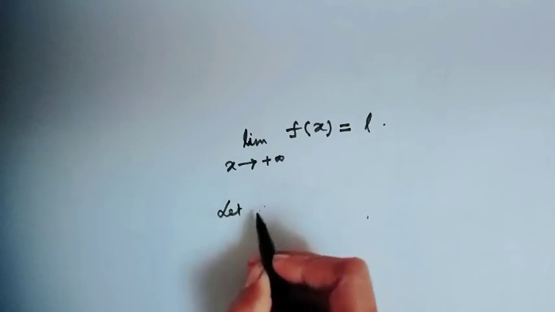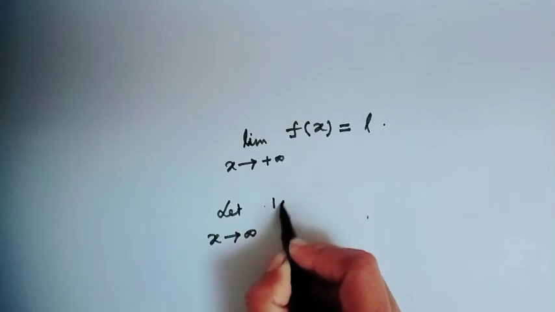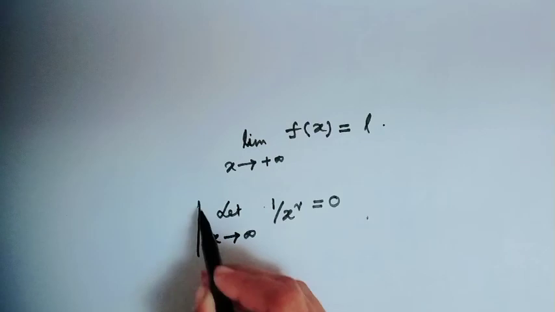Let the limit as x tends to infinity of 1 over x square equal 0. Prove it.